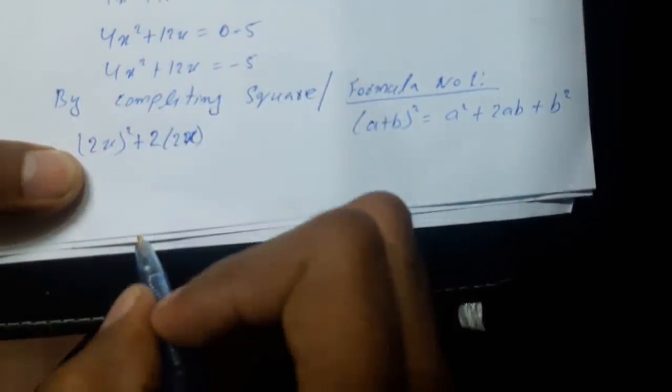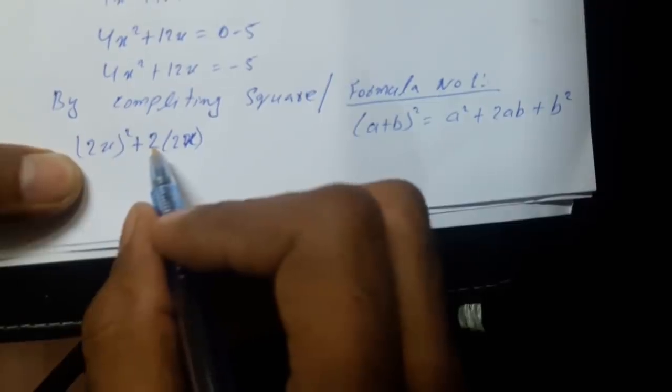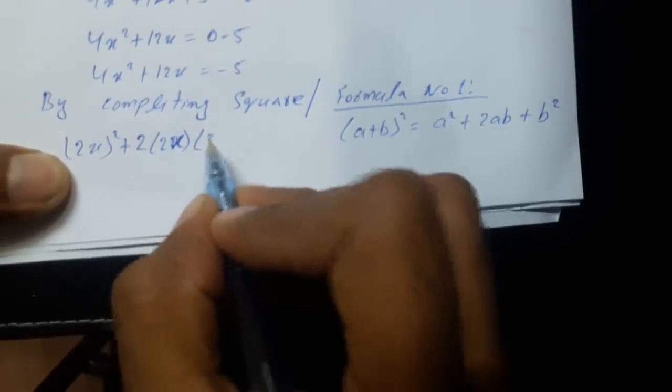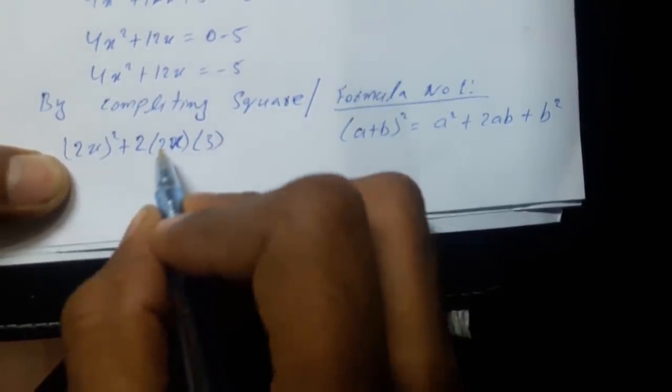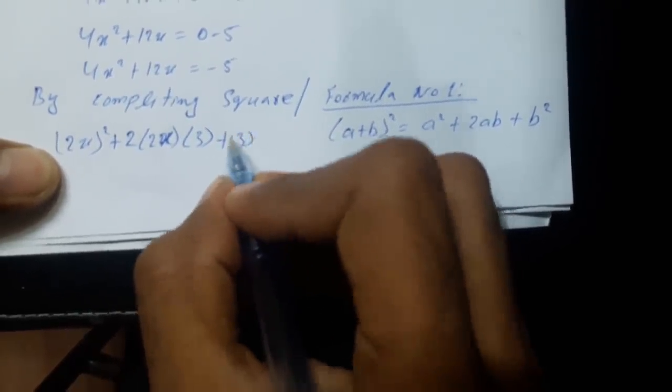We need 12x here, so by which number do I have to multiply to get 12x? 2 times 4x, I will multiply by 3, so 3 times 6, 6 times 12x. So I will add here 3 square.